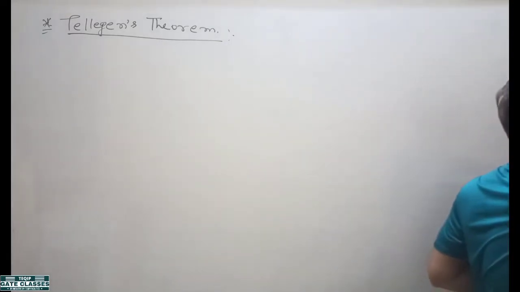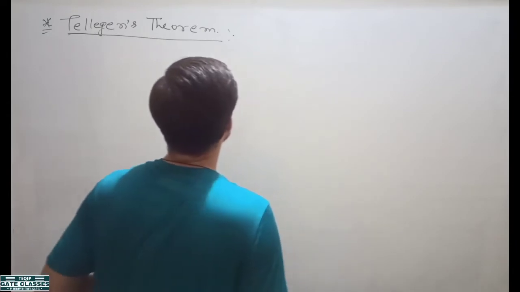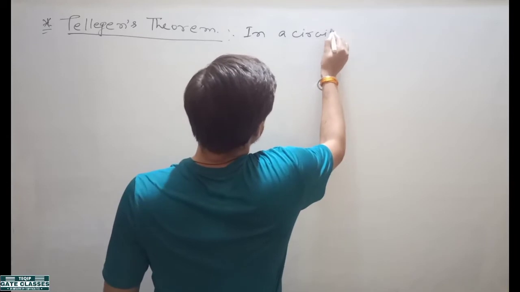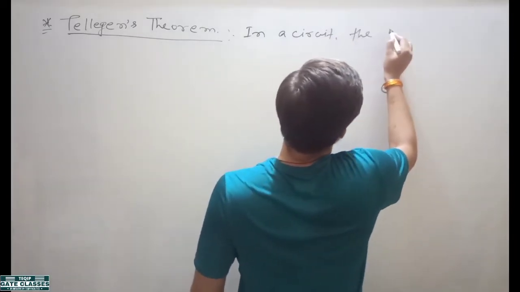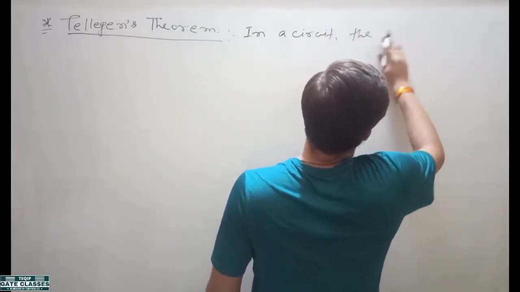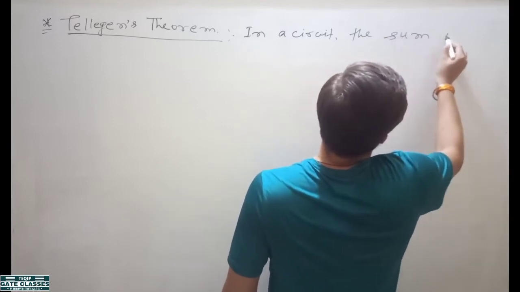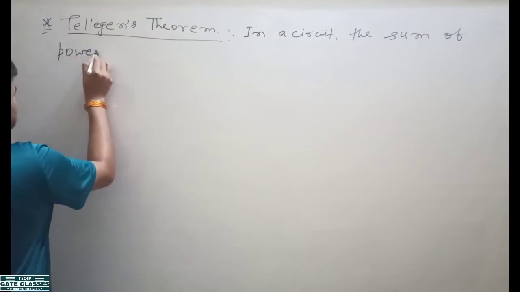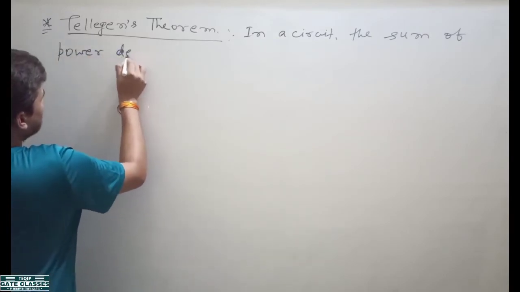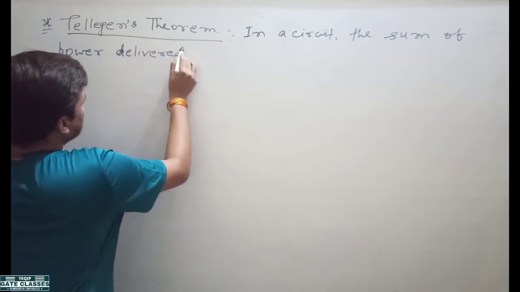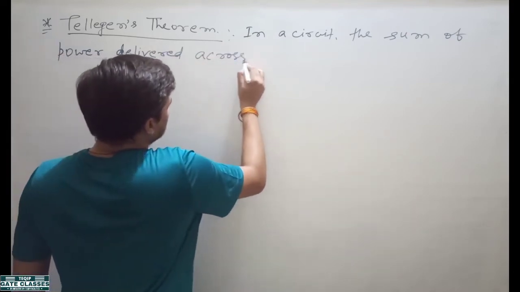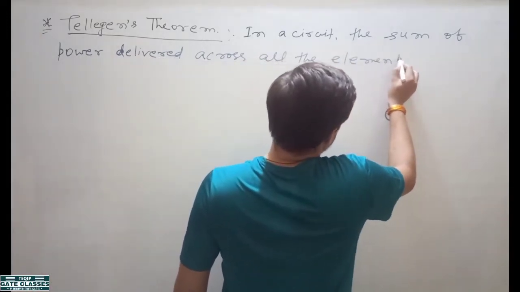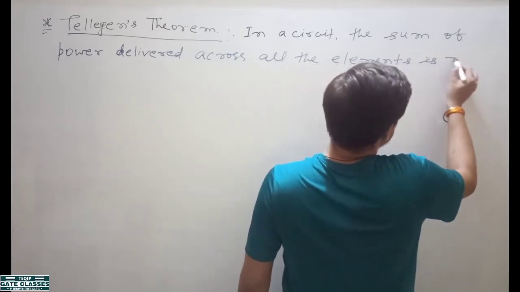Tellegen's theorem states that in a circuit, the sum of power delivered across all the elements is 0.